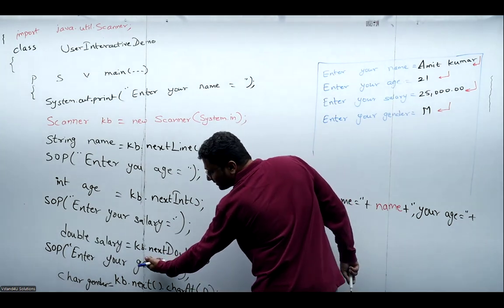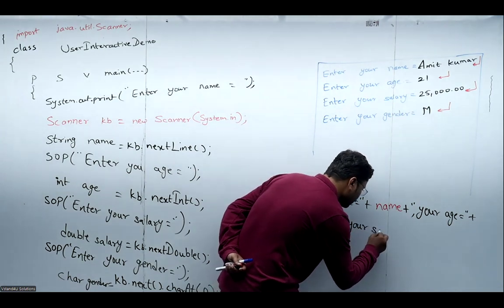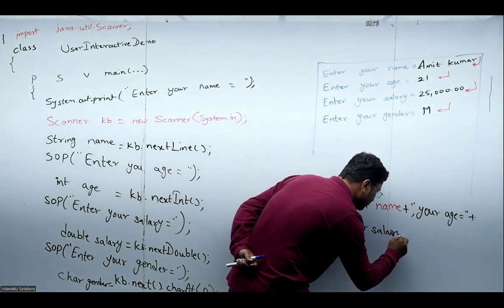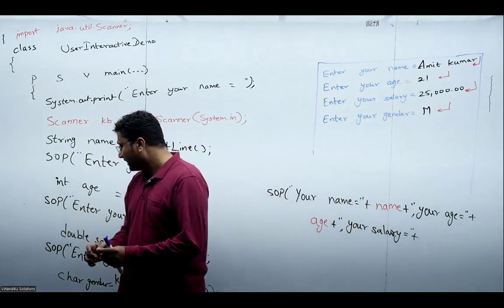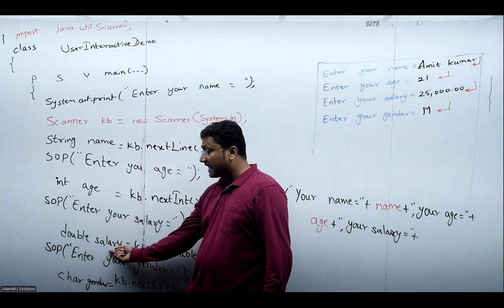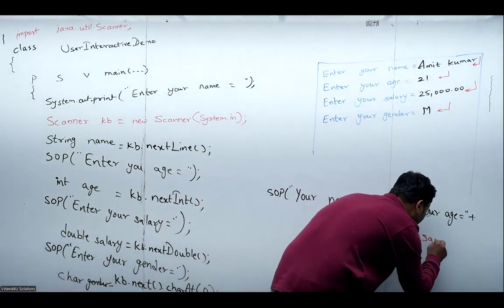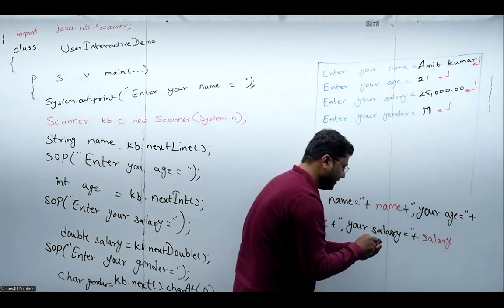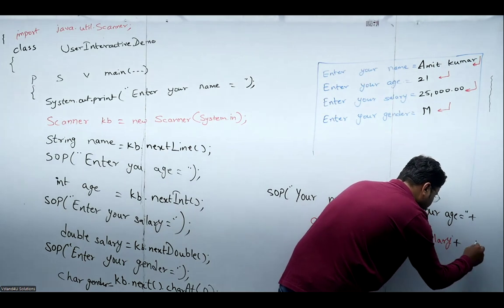Okay, sir. Now, after printing the age value, I will say plus double quotes, comma, space. Now I need to print the salary part. I will say your salary is equal to plus. What is the variable to store the salary I have taken? Salary. Am I right? So I'll say salary, then plus.